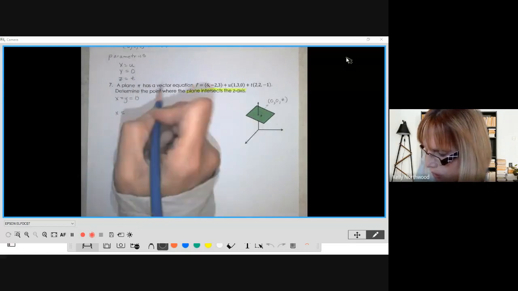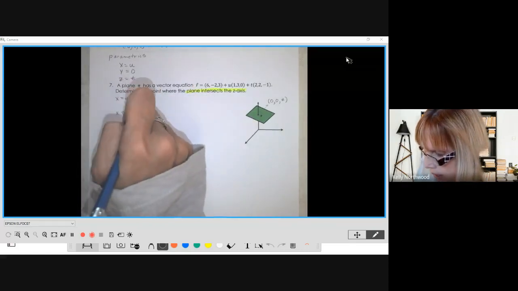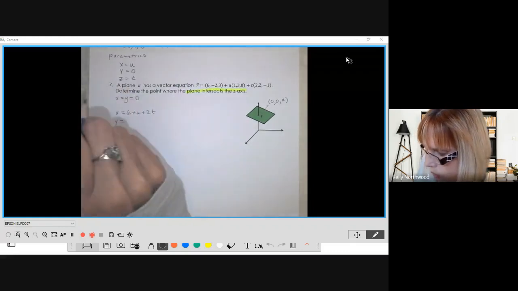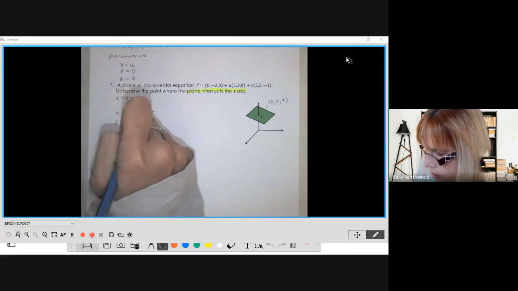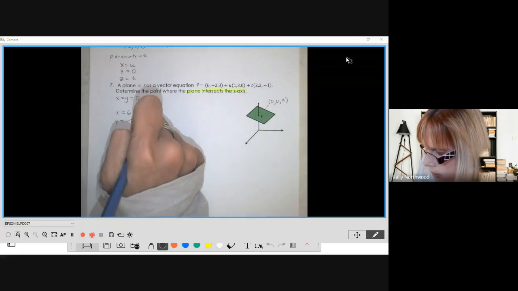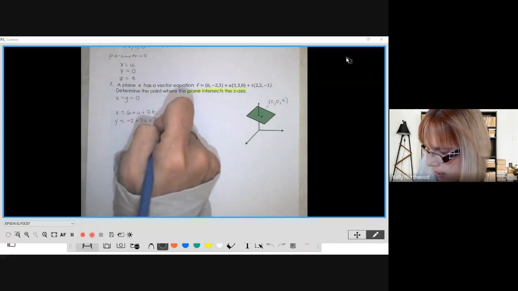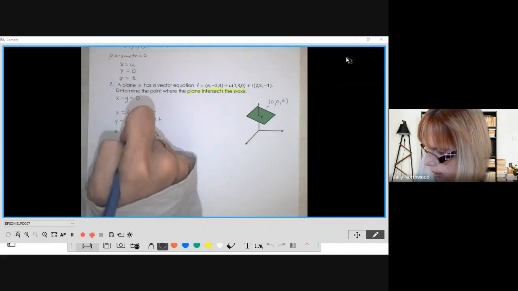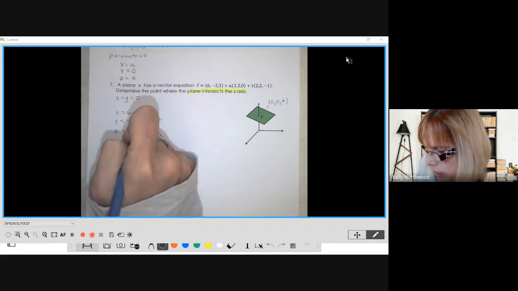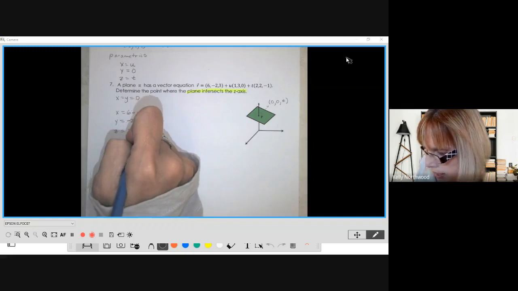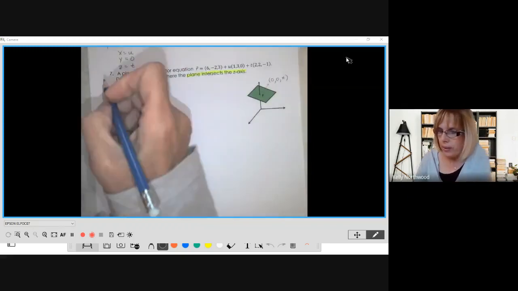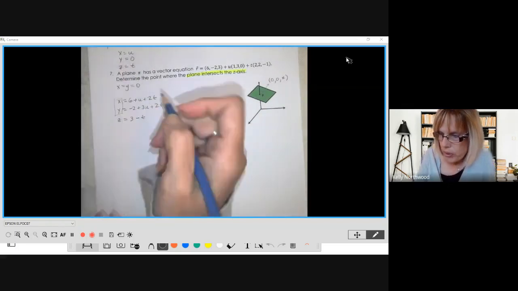Okay, so our parametrics are going to be x equals 6 plus u plus 2t, y equals -2 plus 3u plus 2t, and z equals 3 plus u times 0, so we'll leave that out, minus t. And we know that x and y are both 0.